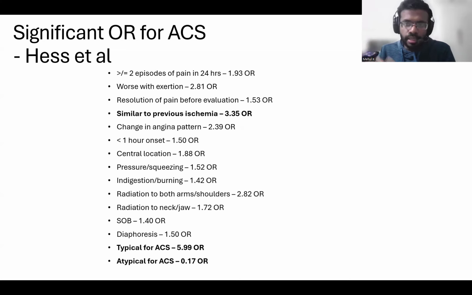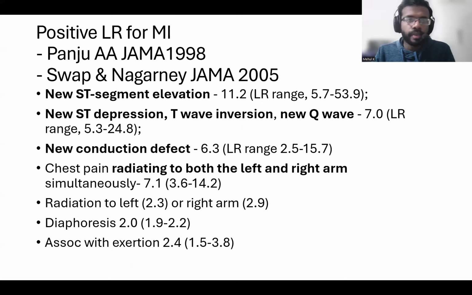This is why I always stress that it is important to take a good history and decide what the actual risk of the patient having an ACS is, rather than just focusing on one particular detail and using that for the entire treatment decision.